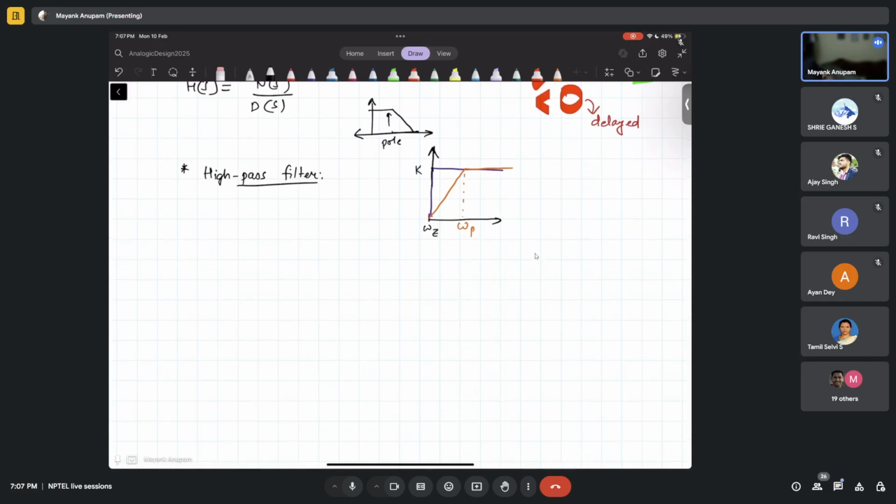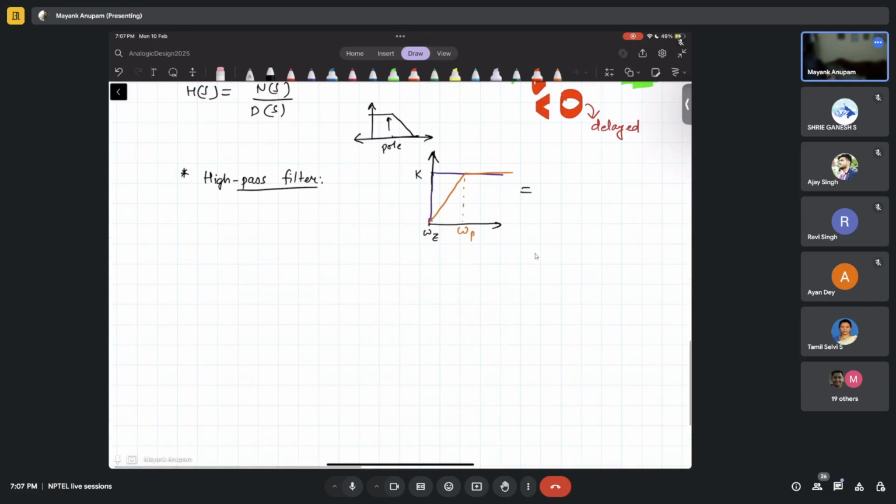First of all, let me ask you this. How will this look like? The numerator should have omega by, so this will not be 0, right? The zero is located at 0 only. So it will be simply s, divided by 1 plus s by omega p, something of this kind, right?